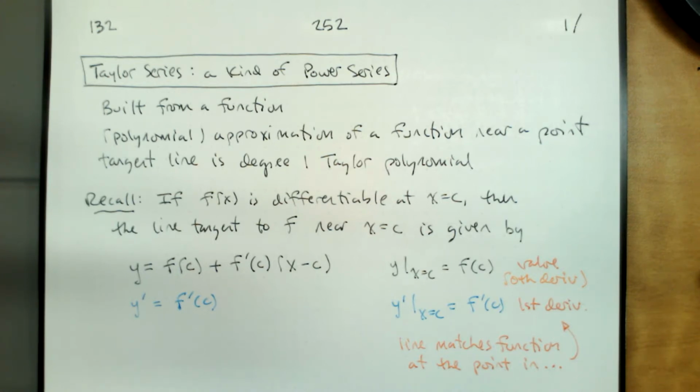Now, if we take this and put this into a context of a power series, just keep going. The second degree Taylor polynomial will have the same value, first derivative, and second derivative. The third degree Taylor polynomial will have the same value, first derivative, second derivative, and third derivative. We just build a polynomial by matching derivatives.